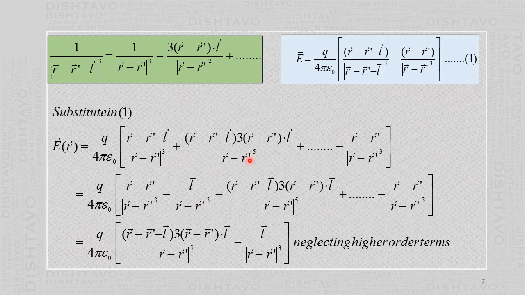Then the second term we write as it is, and other things we write as it is. Now this first term and the last term cancel, so what remains is the second term and the third term. The third term I am writing here as it is, and the second term I am writing next. I have not included the dot dots, which means higher order terms, so we neglect them.